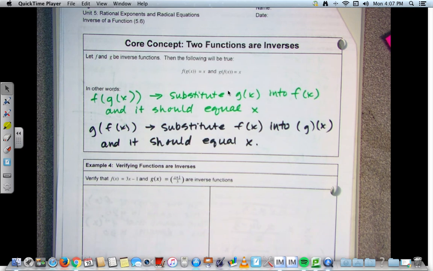With example 4, we're going to verify that functions are inverses. So f of x equals 3x minus 1, and g of x equals x plus 1 all over 3. So what we do is we substitute in where the x is, either way that we do it.